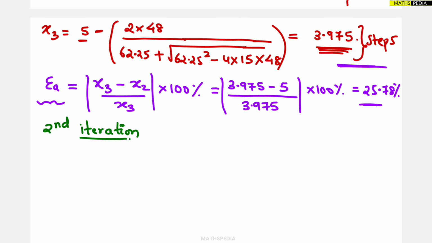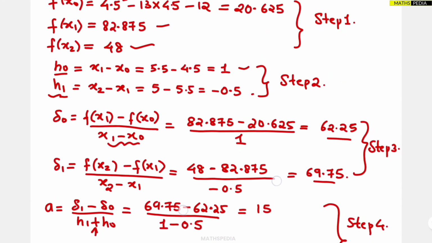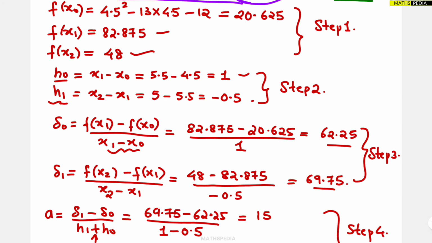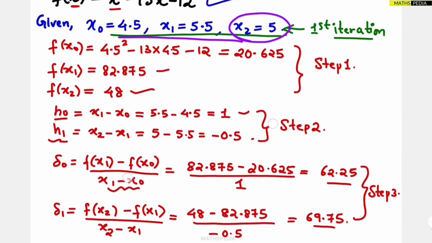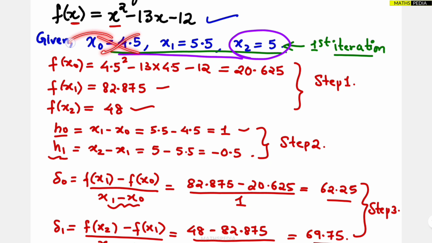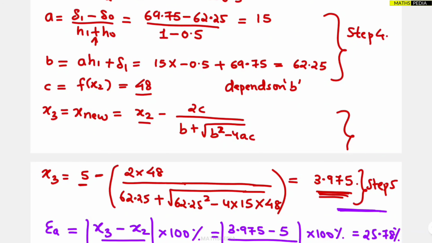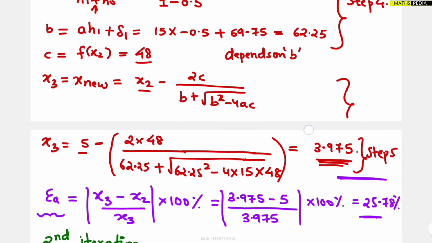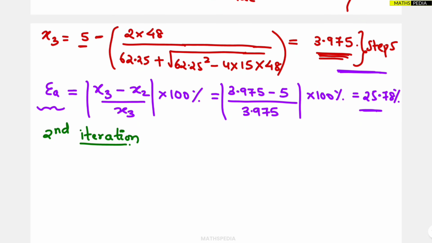The x0 value will be gone. X1 will take the place of the x0 value. X2 will take the place of the x1 value. You just have to shift it. And in place of x2, the x3 value which we calculated using this formula, 3.975, will come in that place. For simplification, I'll just write it here first.